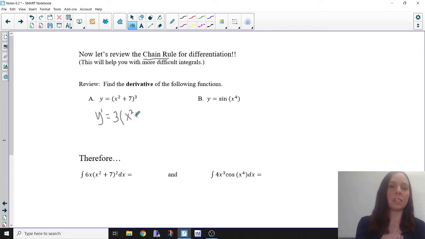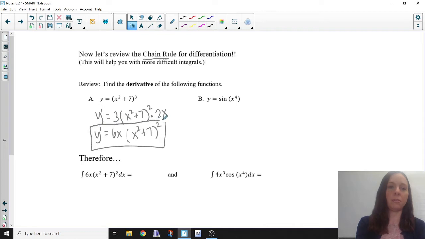Keep what is inside the parentheses the same, and take 1 away from the power, so now it's a power of 2. We then multiply by the derivative of the inner function, and the derivative of x squared plus 7 is 2x. Let's put these pieces together: 3 times 2x is 6x, times the quantity x squared plus 7, squared.